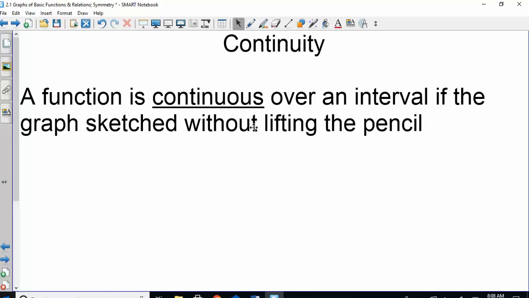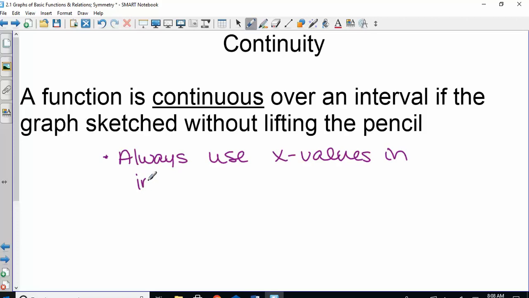We will use interval notation when describing this. So we always use the x values in the interval notation. The only time we use y for anything is if we're talking about a range.